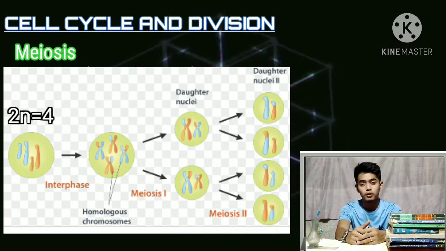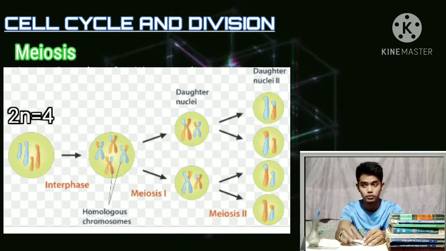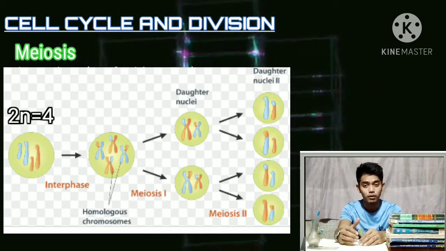The difference between meiosis and mitosis is the crossing over. So please take a closer look, because this is the most important part of meiosis that makes it different from mitosis.